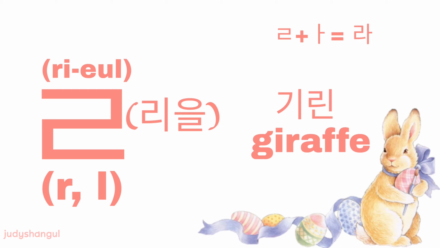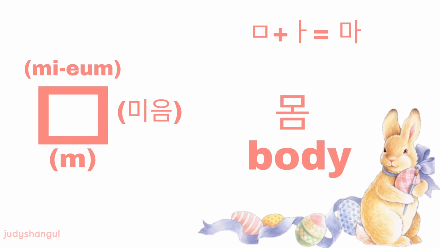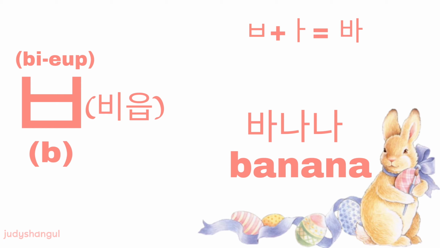It's somewhere between an L or R sound. 라. 기린, giraffe. 미음, 미음 plus a, 마. 엄마, mom. 비읍, 비읍 plus a, 바. 바나나, banana.